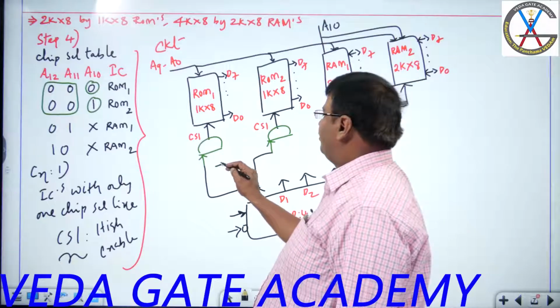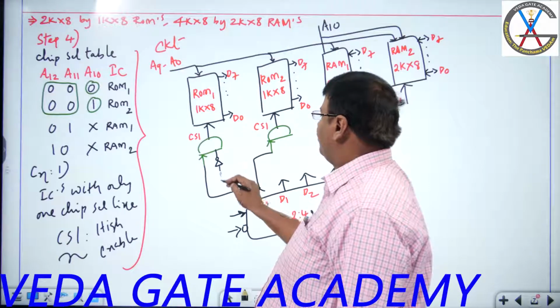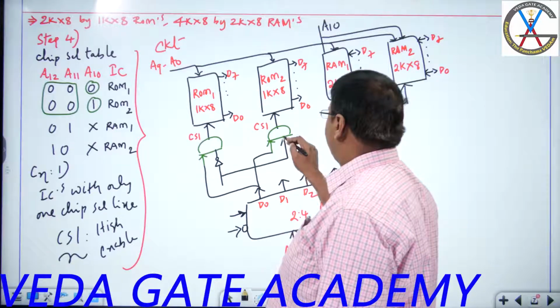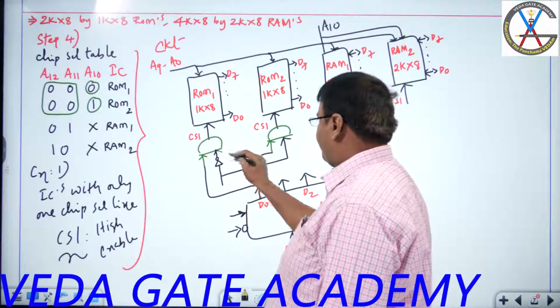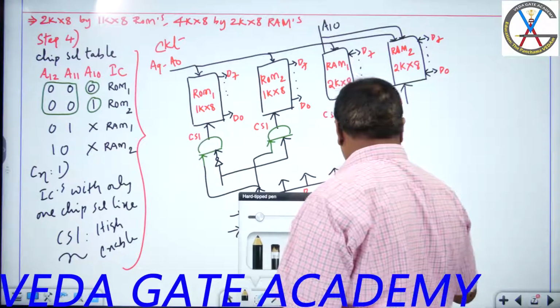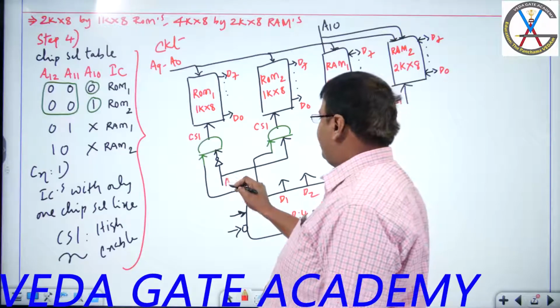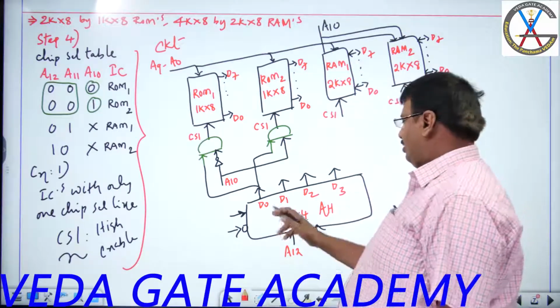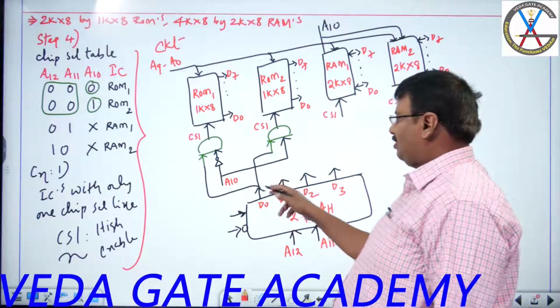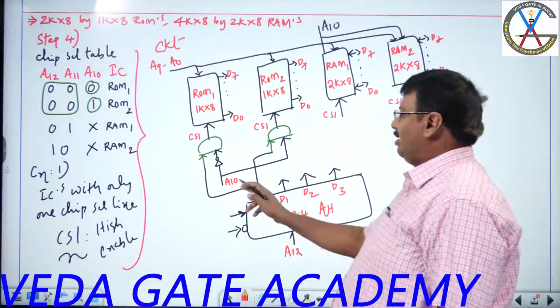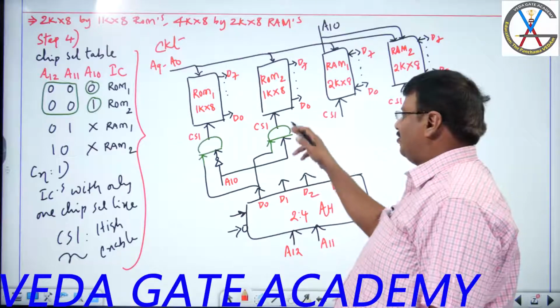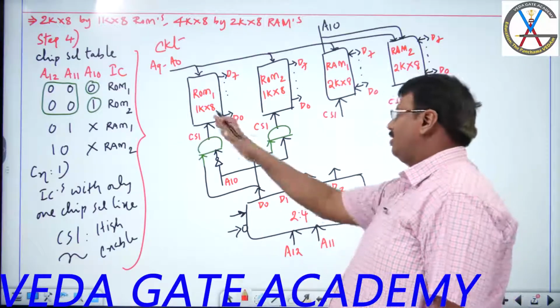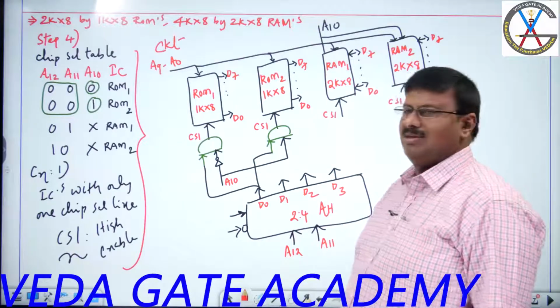So an inverter and a straight line, for A10. Completed. So if I get 0, 0 input, both are activated. With the 10th line 0, this is enabled. With the 10th line 1, this is enabled. So my ROM1, ROM2 selection is completed.